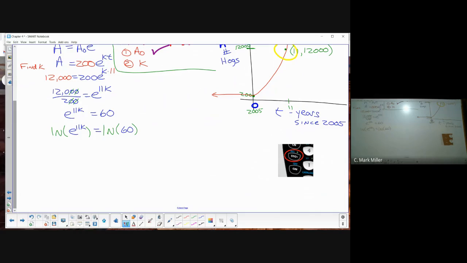So now, natural log and e to the x are inverse functions. One undoes what the first one did. So the left-hand side is just 11k. That is why you took logs on both sides. It gets that k out of the exponent. Right-hand side is natural log 60.